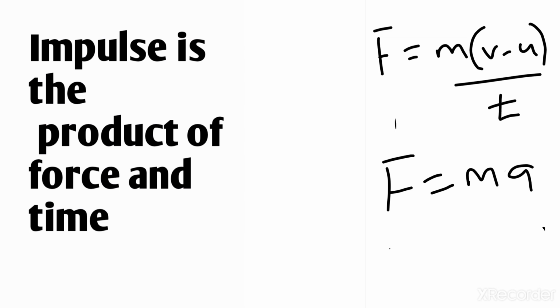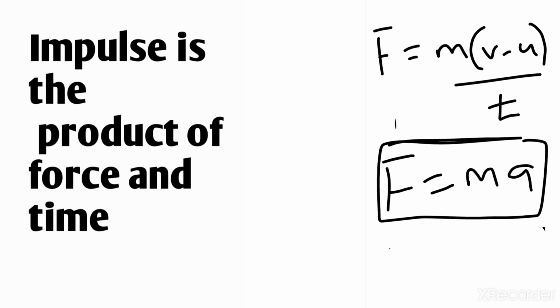So acceleration is change in velocity over time. This is also the proof that F is equal to ma. So don't forget Newton's second law of motion, which states that the rate of change of momentum of a body is directly proportional to the applied force.